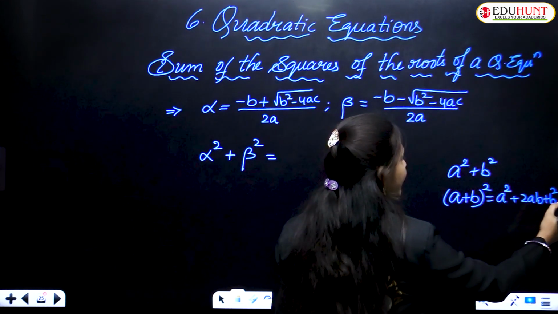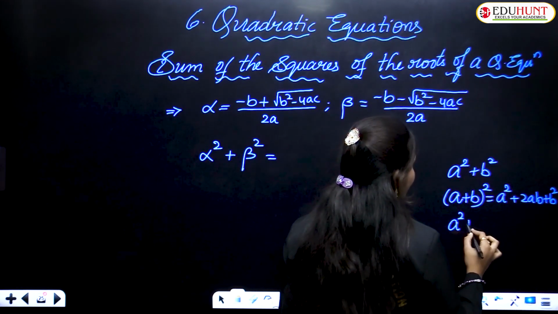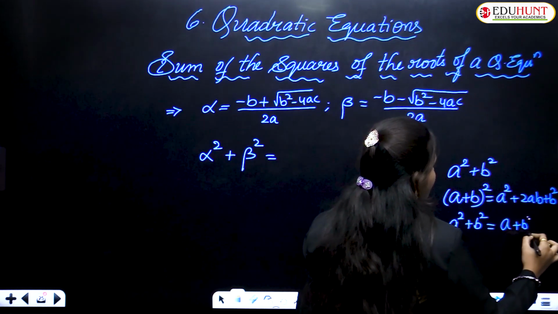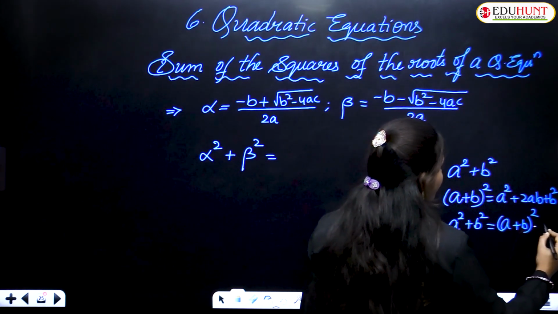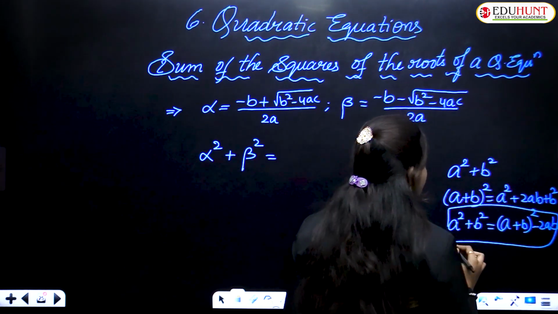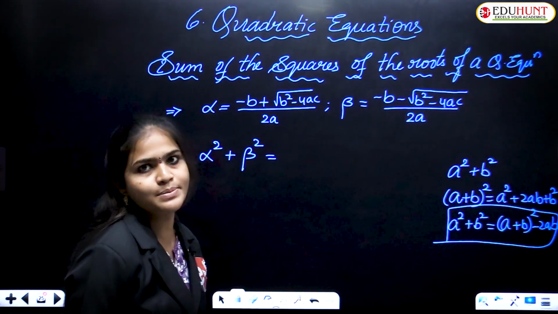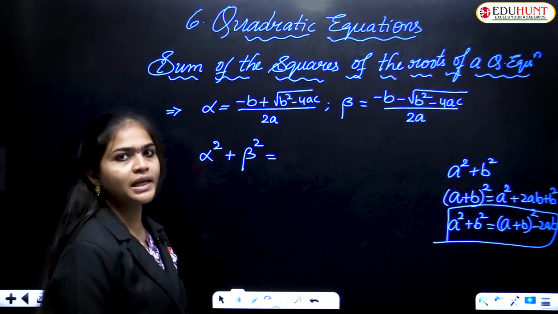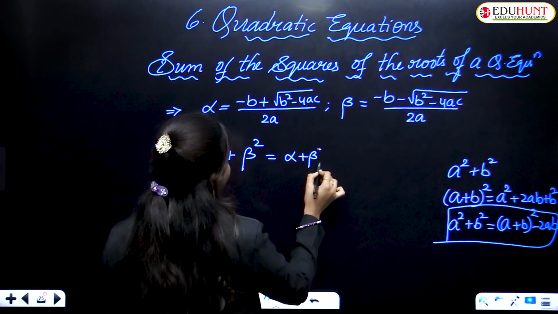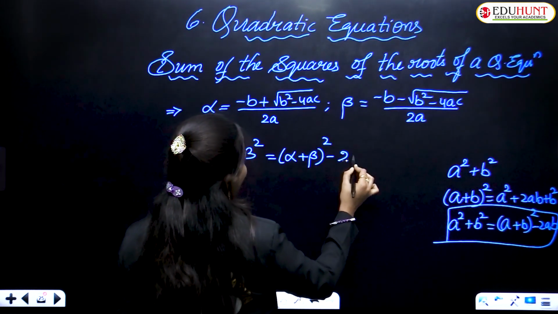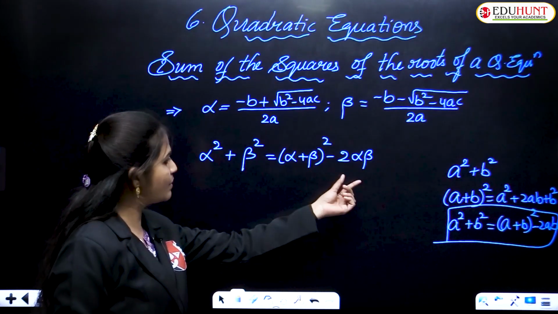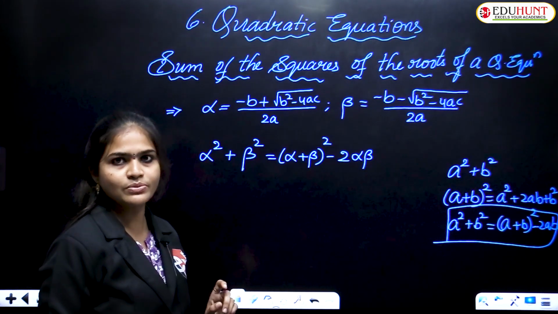Now we require the a square plus b square value, which is equal to a plus b whole square minus 2ab. So the same formula applies here: alpha plus beta whole square minus 2 into alpha beta. A plus b whole square minus 2ab is equal to a square plus b square.